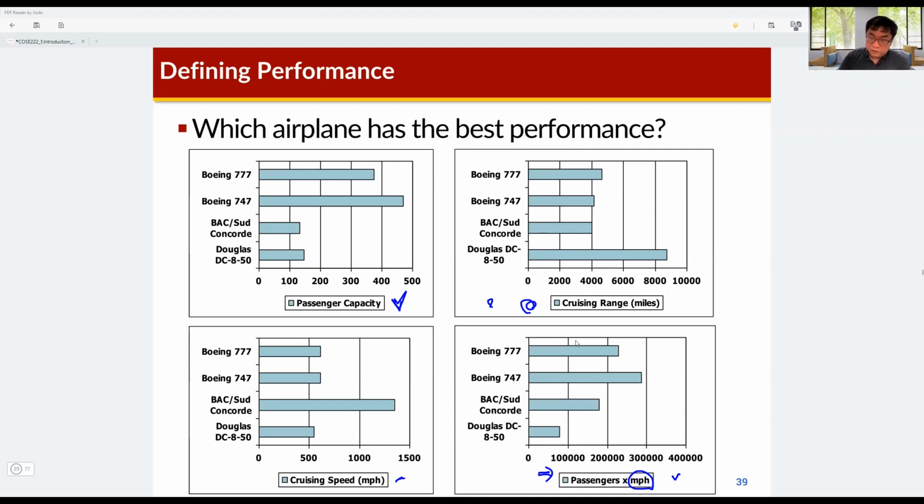If we consider the number of passengers, then we will consider this metric. But if we consider the time, the cruising speed, then we need to consider this metric. If we need to consider the combined performance, then we need to measure this metric. Okay, it depends on the purpose of the system.